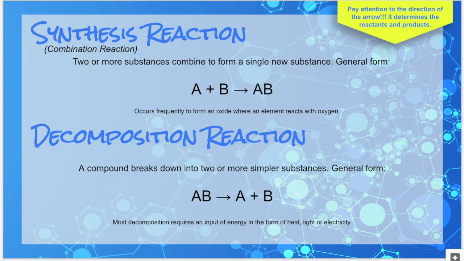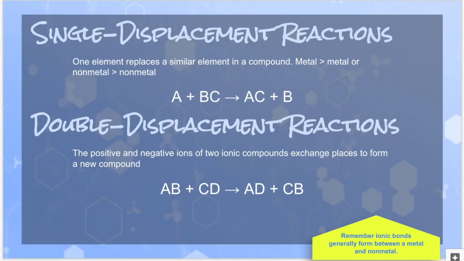The next 2 are single displacement and double displacement. For single displacement, one element replaces a similar element in a compound. What that means is a metal is going to switch with a metal, or a non-metal will switch with a non-metal. The form of this is we have our element A plus the compound BC.